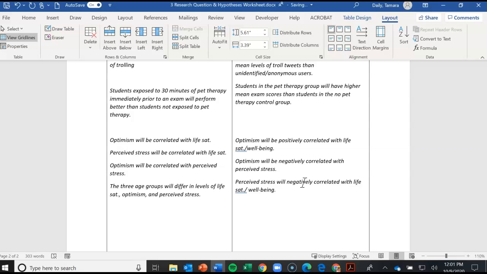Now, at the same time, though, since optimism is negatively correlated with perceived stress, and I've had this article, Extremera predicts that when you have optimists, they tend to respond better to perceived stress. So if you're high in optimism, the relationship between perceived stress and life satisfaction will be weakened.